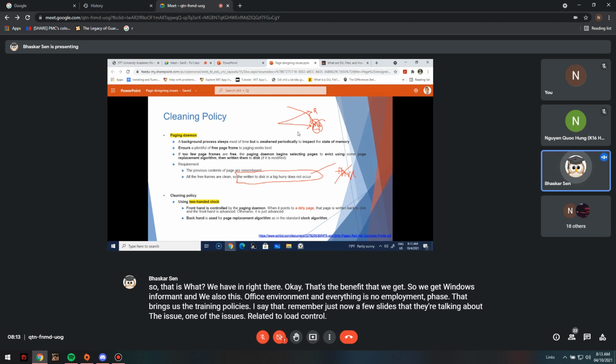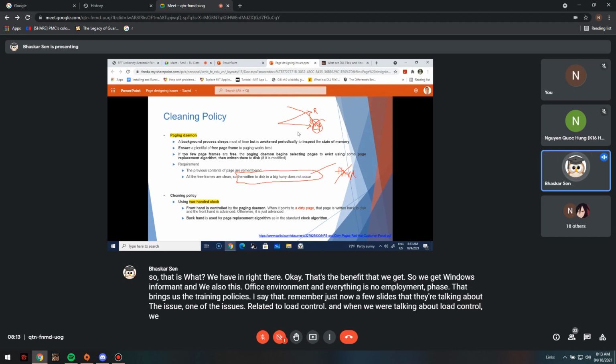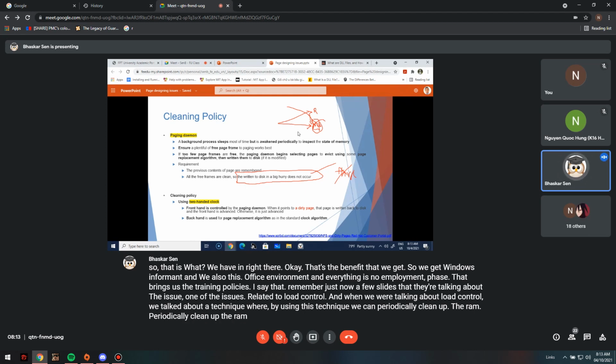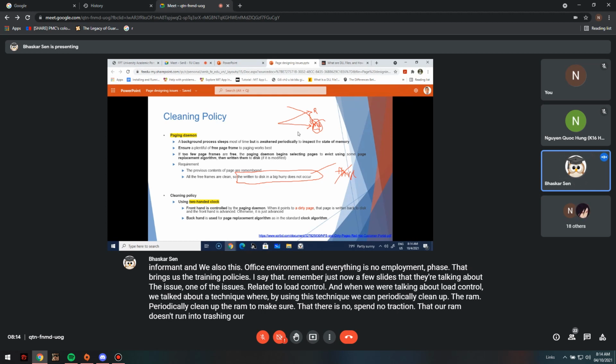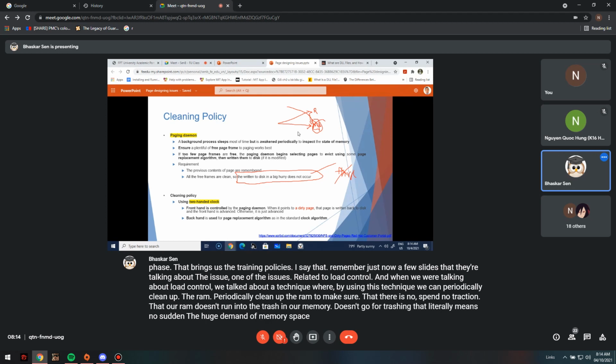And when we're talking about load control, we talk about a technique by which we can periodically clean up the RAM, to make sure that our memory doesn't run into thrashing. That literally means all of a sudden the huge demand on memory space rises and we just don't know where to go.